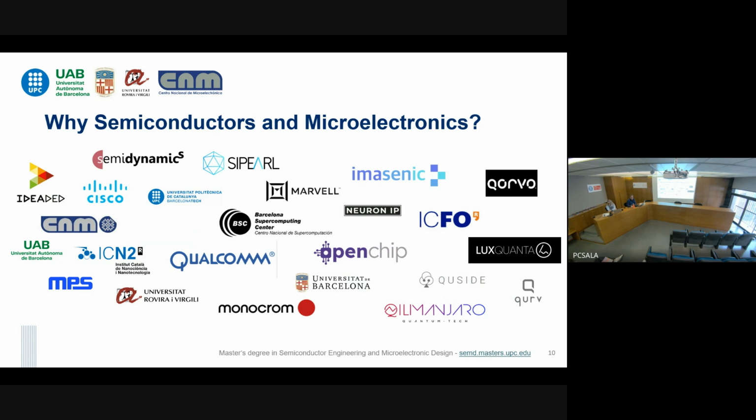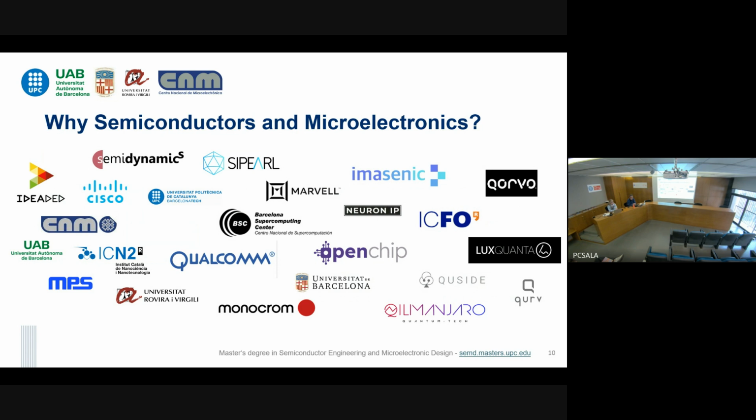And these are actually alternatives to computation with the conventional paradigm used in the actual chips. So around these research centers, multinational companies like Qualcomm and Cisco are starting to come, and startups or other companies are appearing that work on the different aspects related to semiconductors.